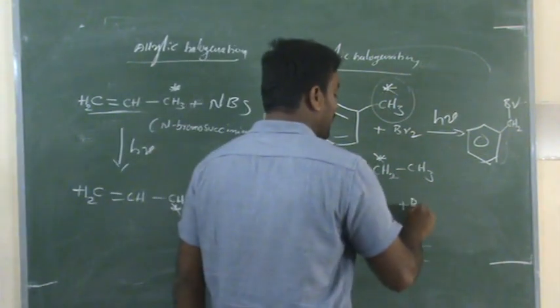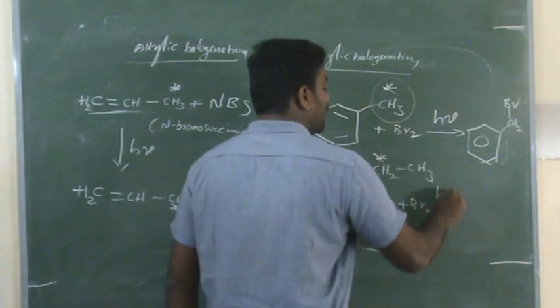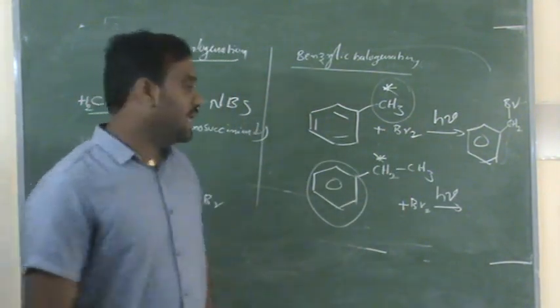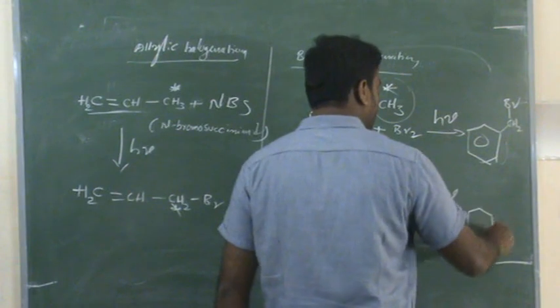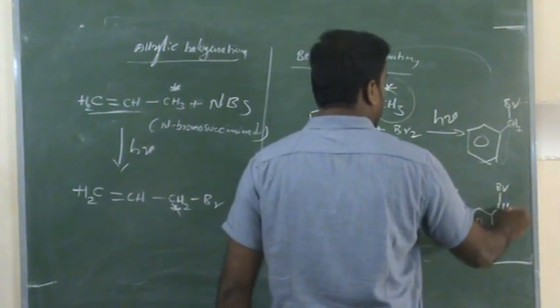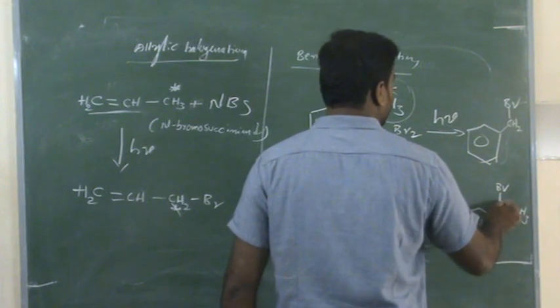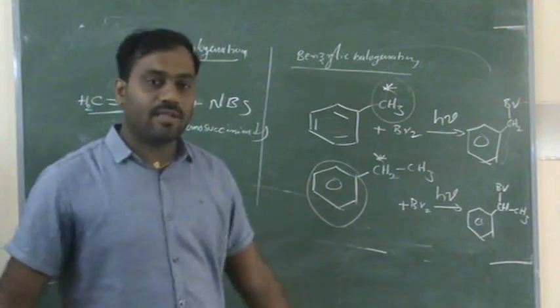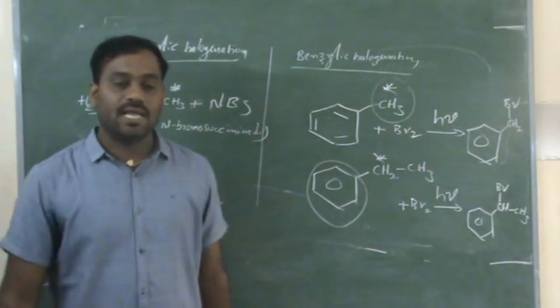In the same way, you can take Br2 in the presence of sunlight, and benzylic halogenation happens again. Then we get CHBr. This also happens at the benzylic position.